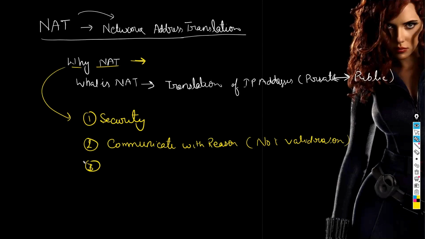Really, that's it. Okay. So now if I go much into the history, whenever the IP address was built and evolving, it was a 32-bit IP address.